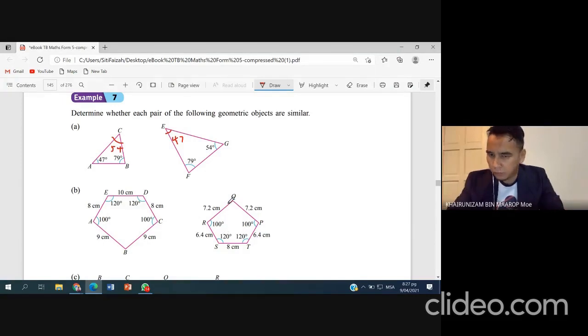And then for sure, you will get the same angle. And then look at the side. Something like different length, isn't it? But we can find the ratio. For example, DE.